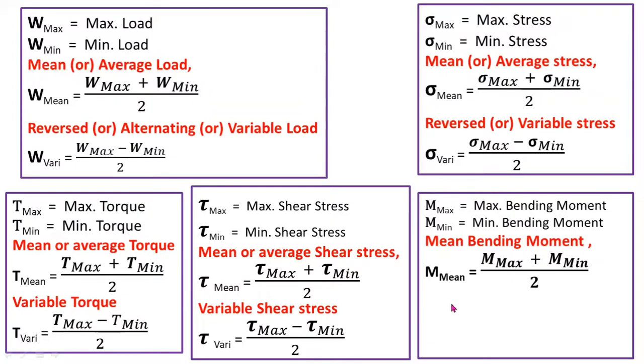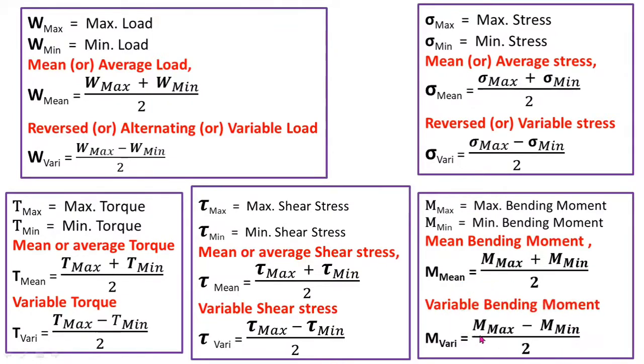In a similar way, variable bending moment, mv, equals maximum minus minimum bending moment divided by 2. These all are useful for determining the mean and variable loads or stresses.